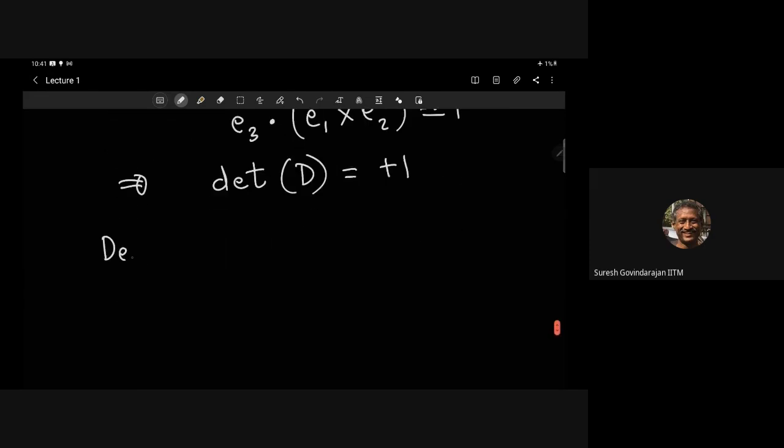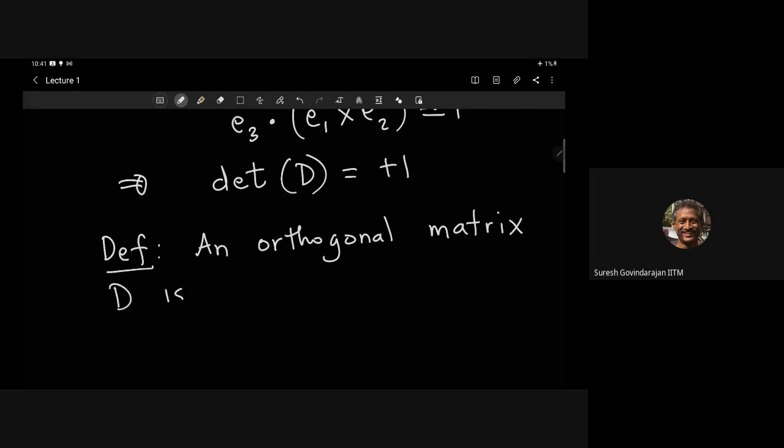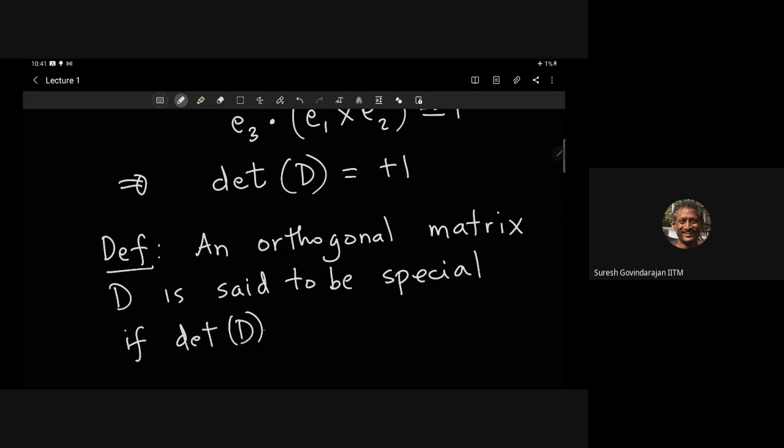Definition: an orthogonal matrix P is said to be special if the stated condition holds. Is this clear?